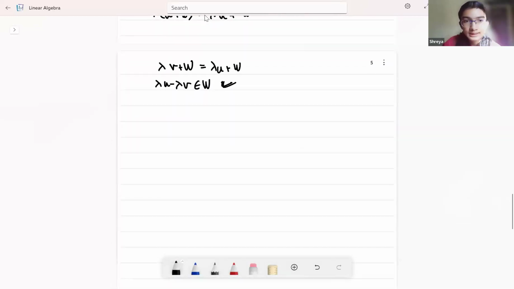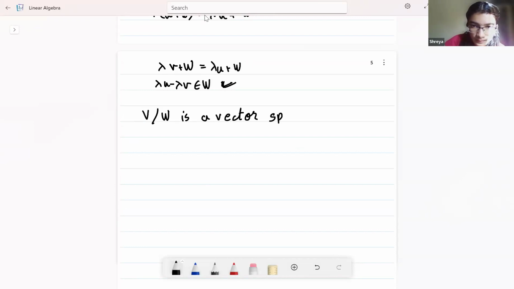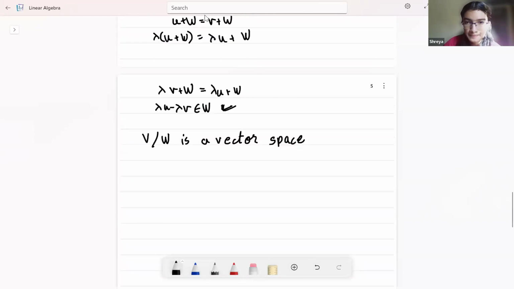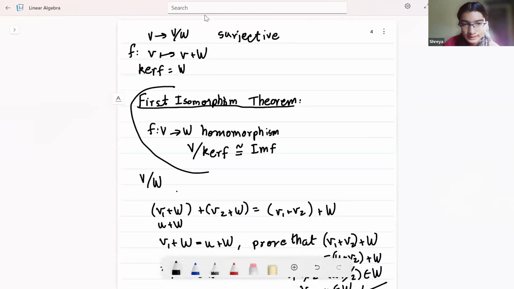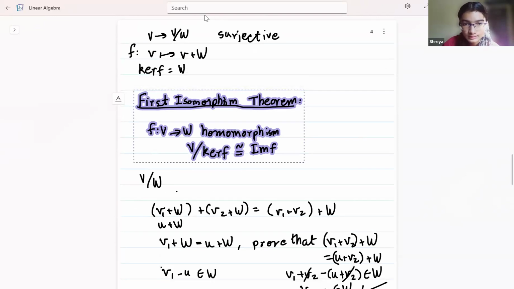Okay, so that means that V mod W is a vector space. So then, now we can probably look at this thing.